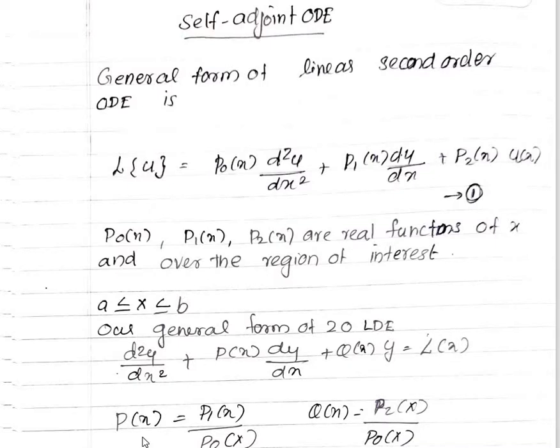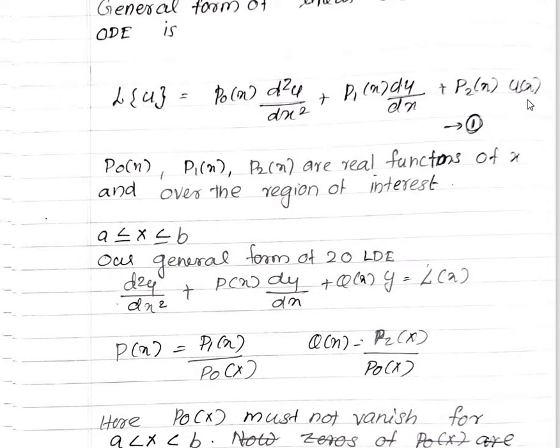When we compare these two equations, we can divide this equation by P0 and equate the two forms. Here p(x) is nothing but P1(x) divided by P0(x), and q(x) is given by P2(x) divided by P0(x).